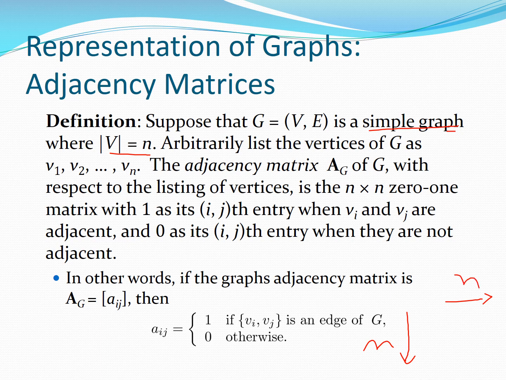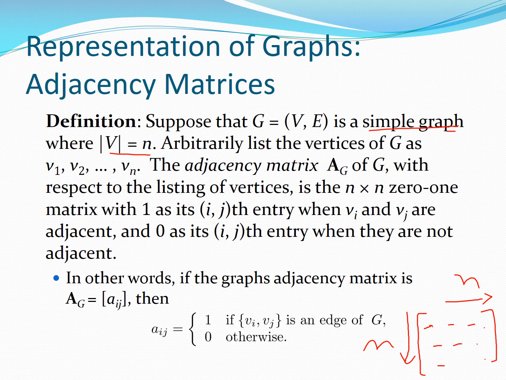So the size of the adjacency matrix depends on the number of vertices in your graph. You are going to fill each of the positions in your matrix using either a 0 or a 1. The matrix is made up of only zeros or ones.